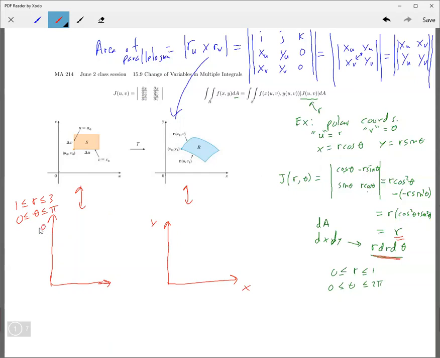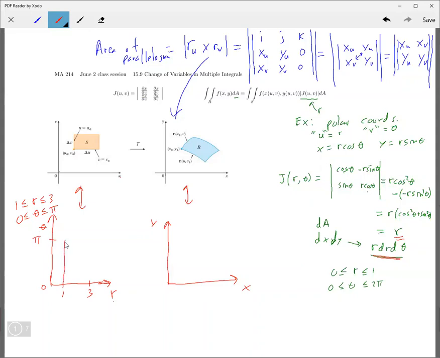Then this is theta, and this is r, as opposed to u and v. So r takes the place of u in here, and theta takes the place of v. So if we have this condition right here, then r is going from 1 to 3, and theta is going from 0 to pi.